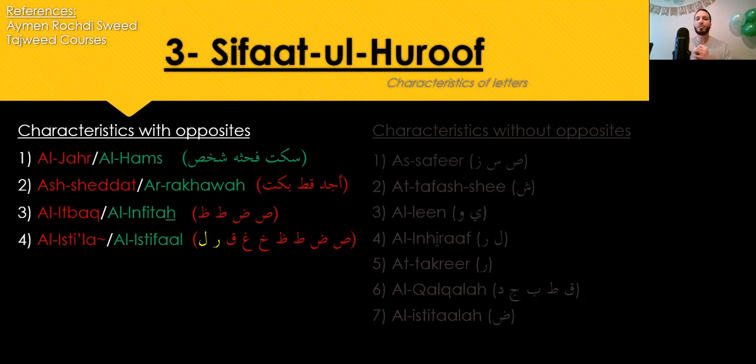Another example of ash-shidda, the letters that are shadid: edge. That's stopped, right? Versus ash, the sheen keeps going. The third letter is ed.